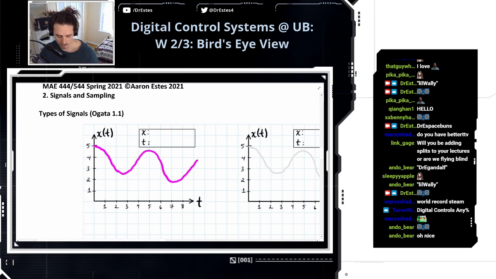So what you're seeing here is a situation where the dependent variable x is continuous, and the independent variable t is also continuous. And we'll do a couple examples here so you'll see the difference between a continuous variable and a quantized variable.